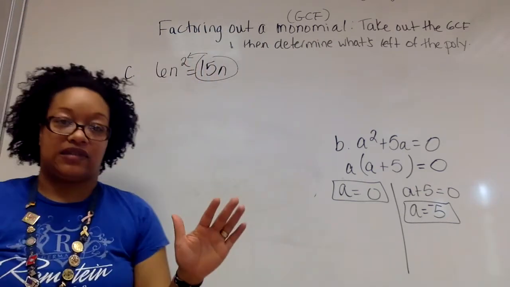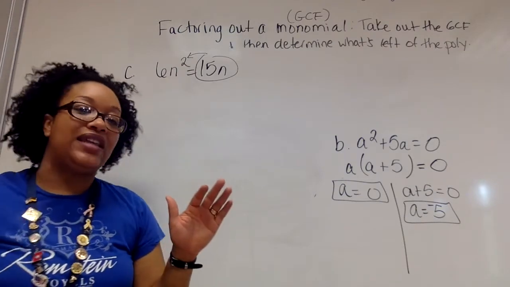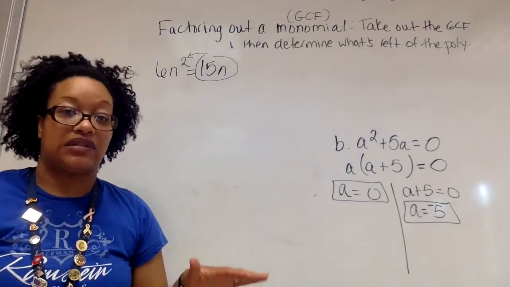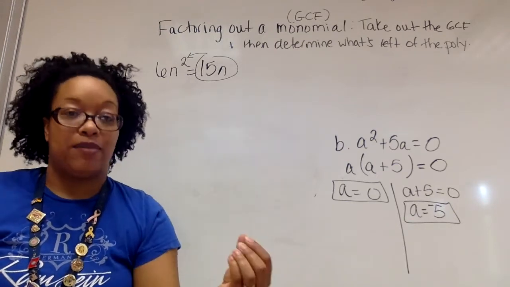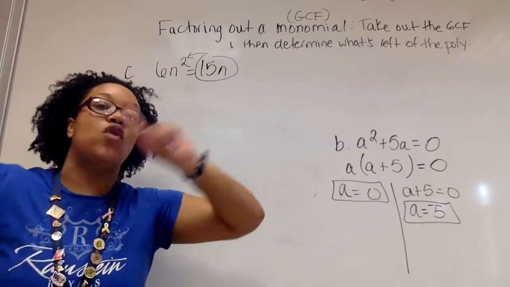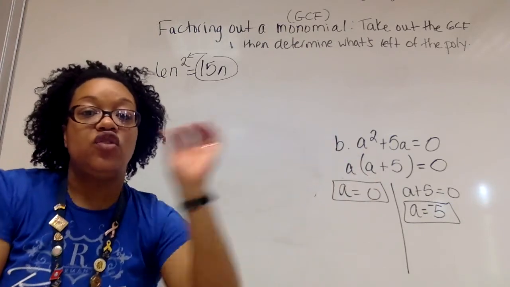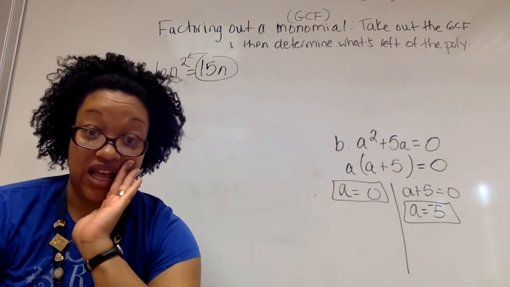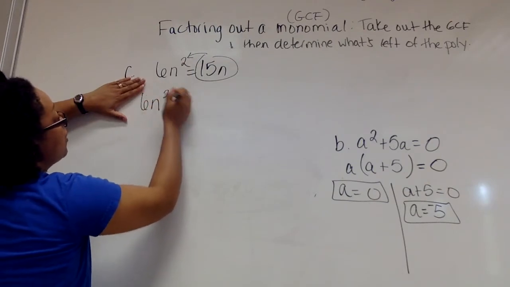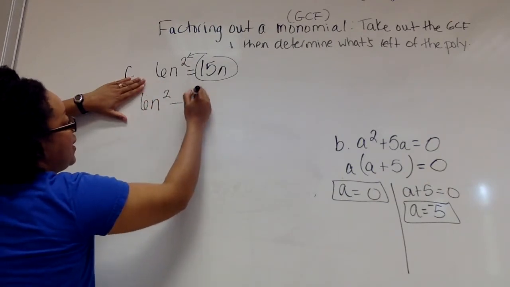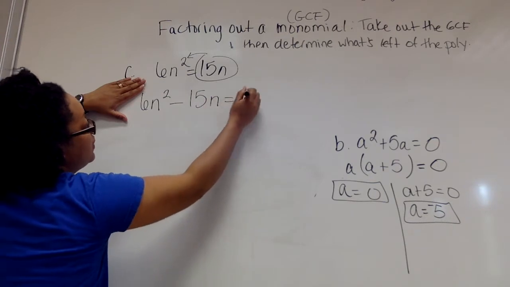Now, have mercy. We haven't had to move anything over to the other side of the equal sign probably since February. But please remember, whenever you move something over to the other side, you change the sign, okay? So this becomes 6n squared minus 15n equals 0.